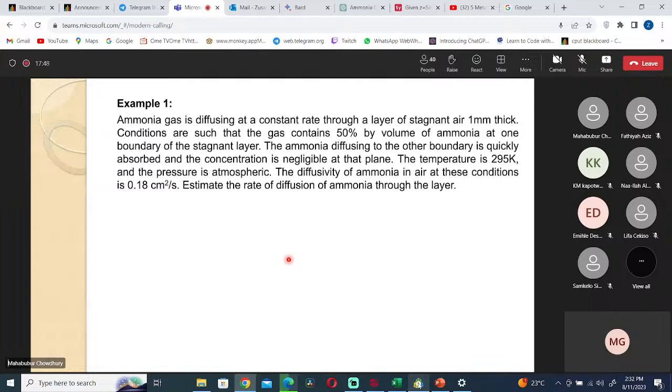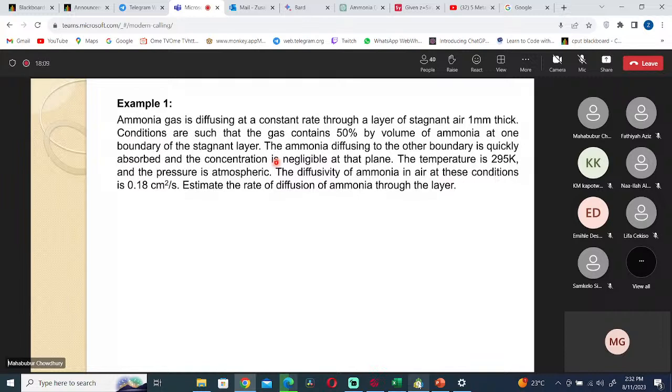The temperature is given as 295 Kelvin. The total pressure is atmospheric, 1 atmosphere, and you know the diffusivity of ammonia. So first, let us write down the equation that we are going to utilize.